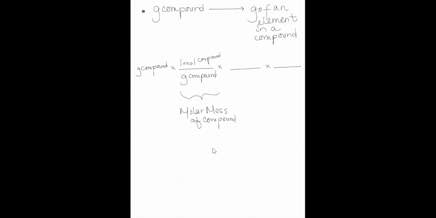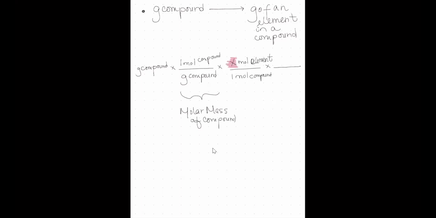In the next conversion factor, we're going to put 1 mole of compound, because it's always going to be 1 mole of compound. And on top is going to be X moles of element. Why do I put X moles of element?